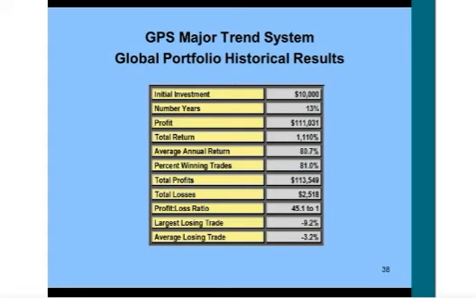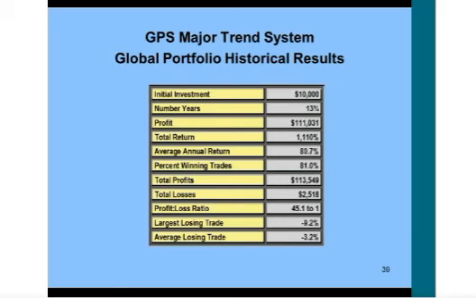I divided up the initial investment of $10,000 across those 8 markets and tested it over a 13 3/4 year period. And this $10,000 investment produced $111,000 in profit. So the total return was 1,110%.